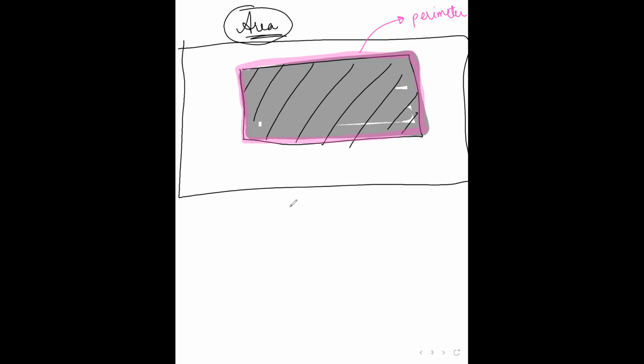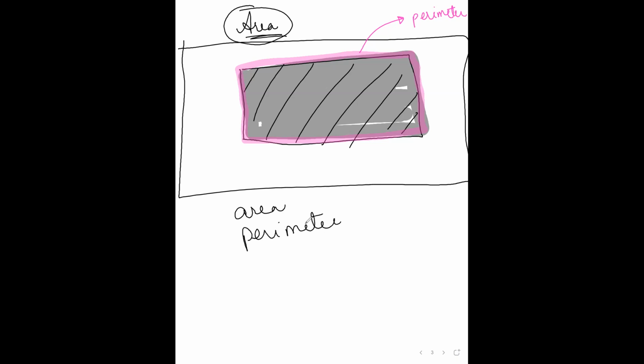Fencing means to create a fence, a boundary around the garden. So if I were to ask you, Hiba, what is the length of wire required to draw a fence around a garden, are you going to tell me the area of the garden, or the perimeter of the garden?